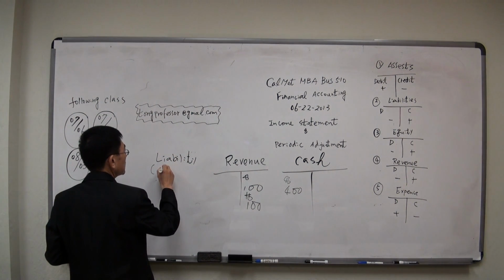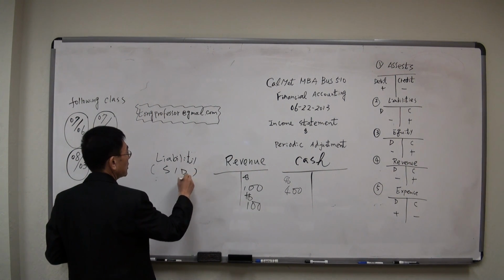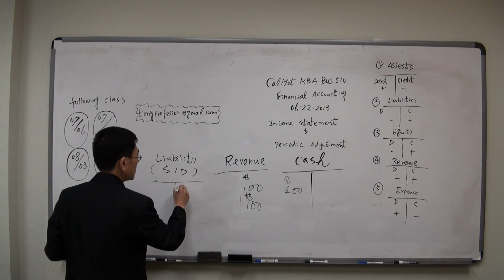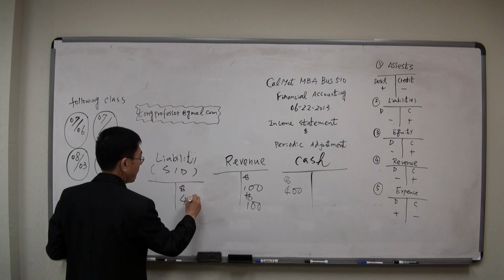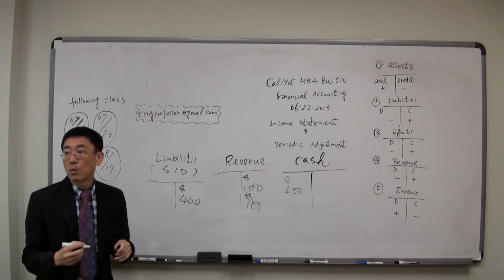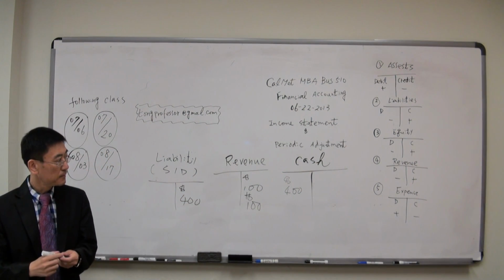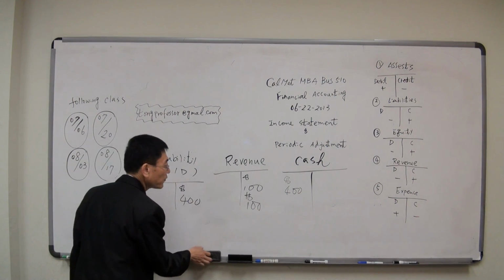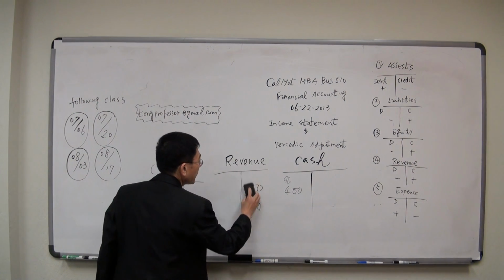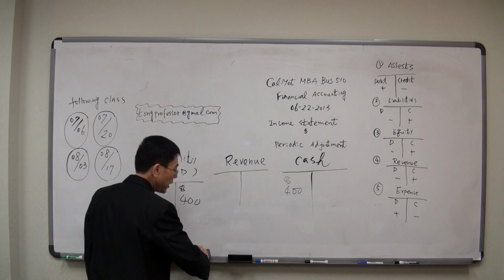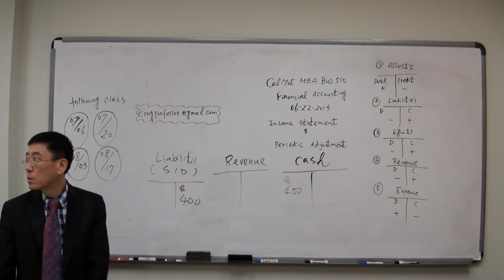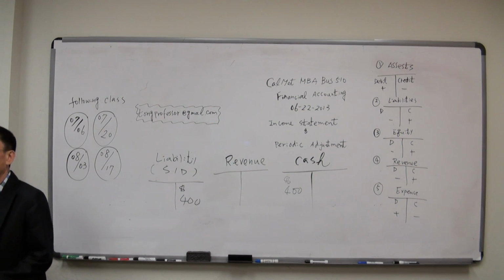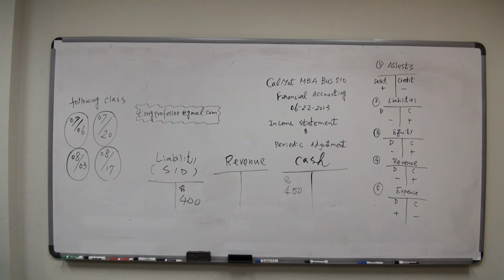Say security deposit here. This is the day when we receive this $400 as a security deposit, so you enter the T-account. We have cash increased by 400 on the debit side, and a liability increase of 400 on the credit side.